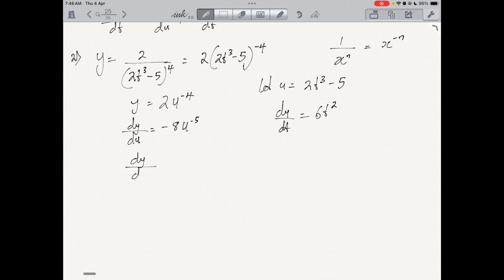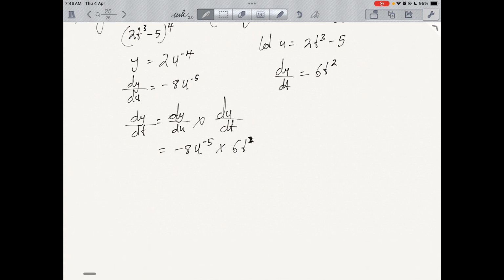Therefore our dy/dt is equal to dy/du multiplied by du/dt. That is minus 8 u raised to power minus 5 multiplied by 6t squared. So having done that, we have minus 48 t squared u raised to power minus 5.